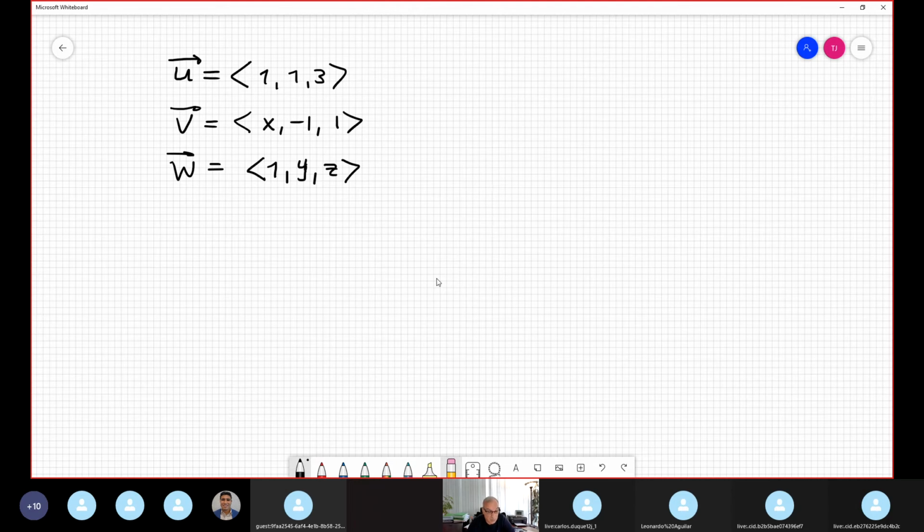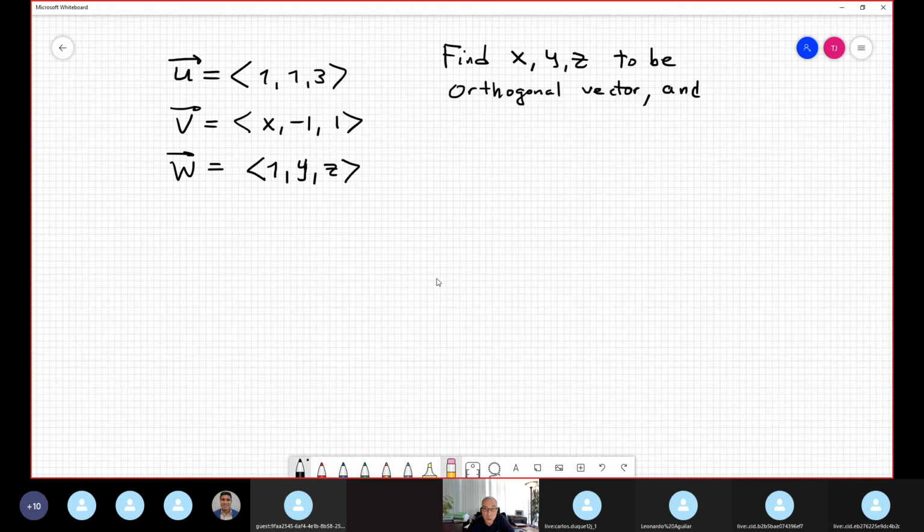That's the goal: you need to find x, y, and z values to make the vectors orthogonal.